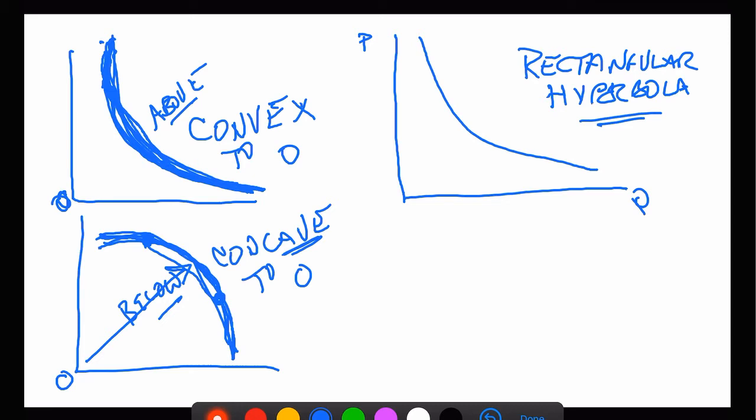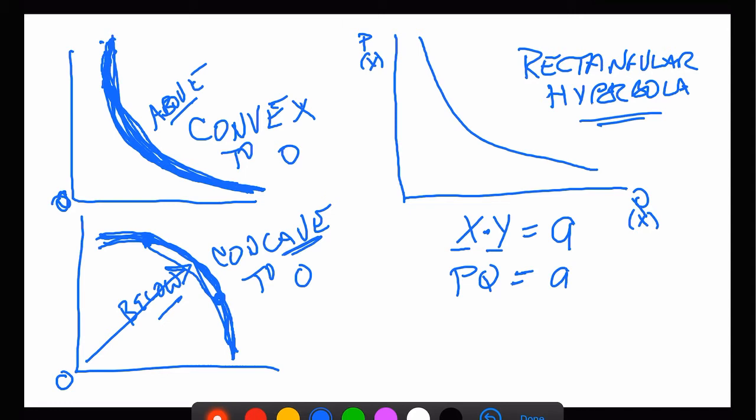A rectangular hyperbola is when x times y equals a. So I just take x, right? This is x, and this is y, and it's a constant. So price times quantity is some constant number, for example. Do we like that? So if the price falls in half, the quantity doubles.